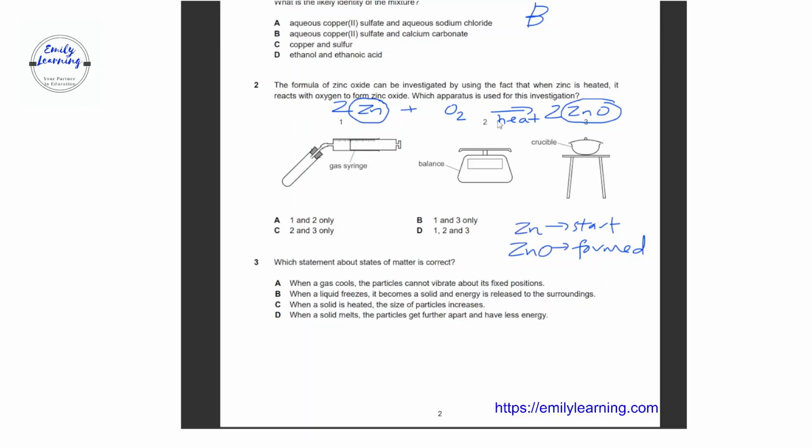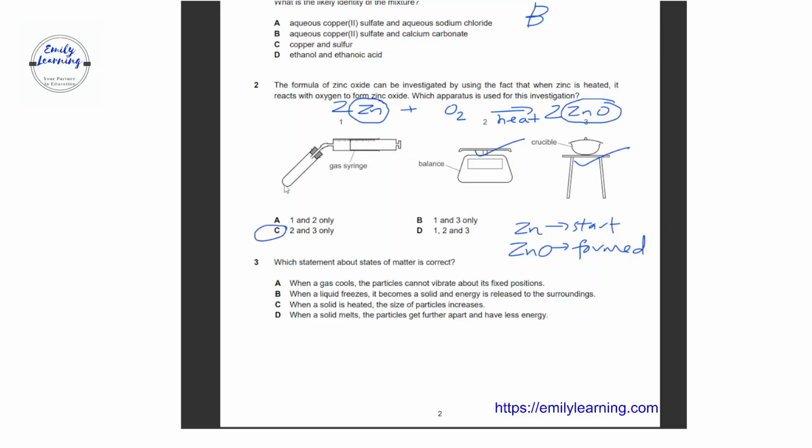Because when you have a reaction, there will always be mass balance. What has reacted will be equal to what is formed. For this type of heating reaction, we usually use a crucible and a mass balance. So the answer is 2 and 3, which is C.